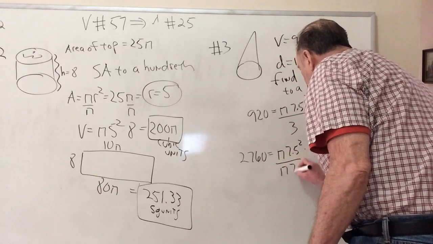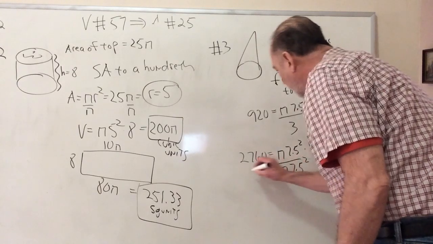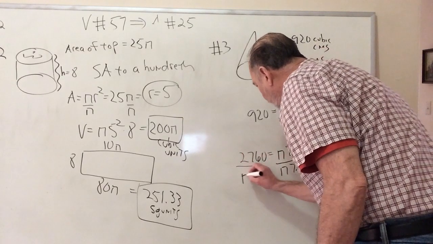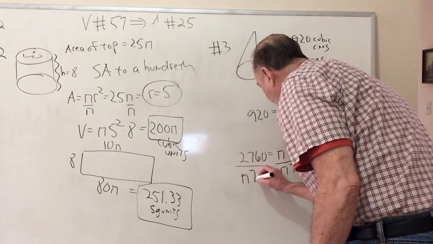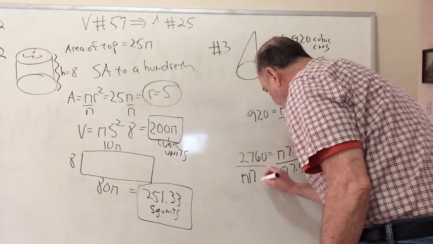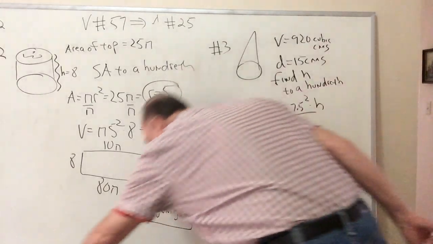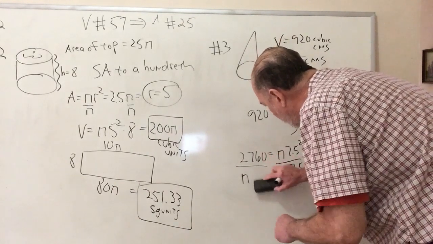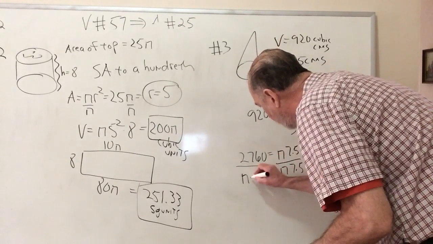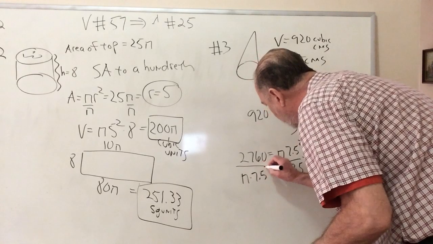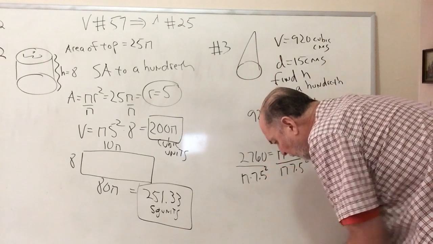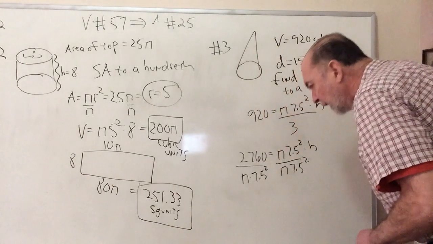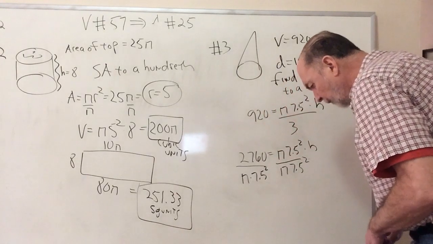We divide by pi times 7.5 squared on both sides. Again, you have to use your parentheses here on your calculator. I've gone over that a number of times. Divide by pi times 7.5 squared, and whatever that number comes out to be will be the height of this particular object.